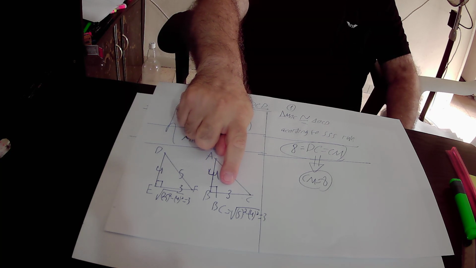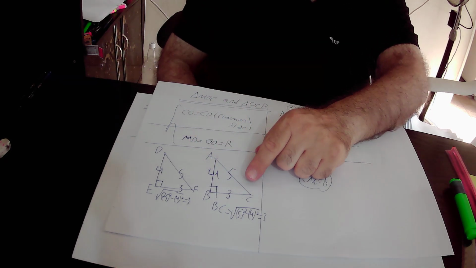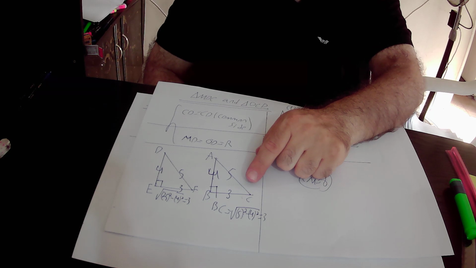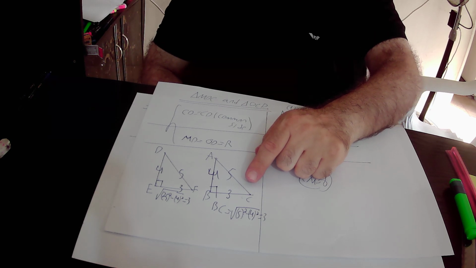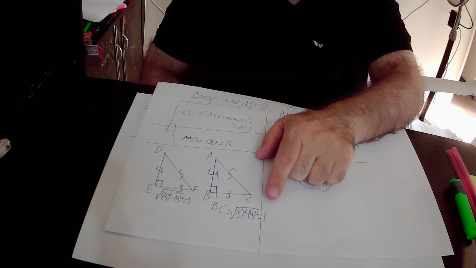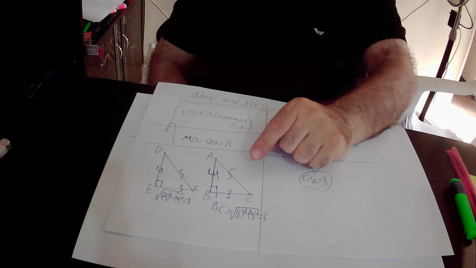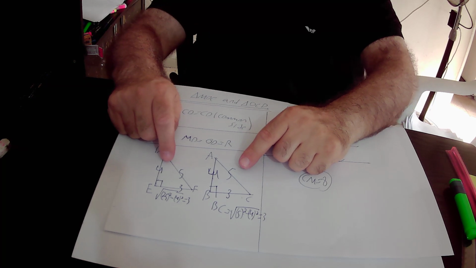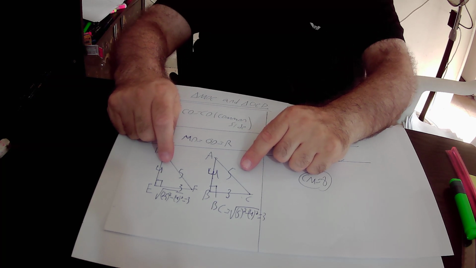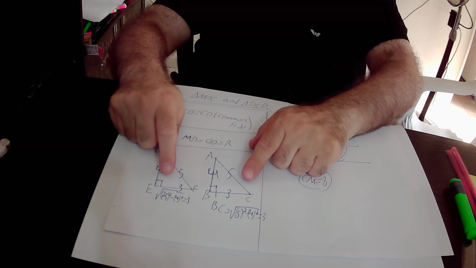Why? Because the value of the third side, according to the Pythagorean theorem, is BC equals the square root of 5 squared minus 4 squared. The square root of 5 squared minus 4 squared is 3. So we actually found out that if in two right triangles the hypotenuse and one perpendicular go in, then the third side must also go in.